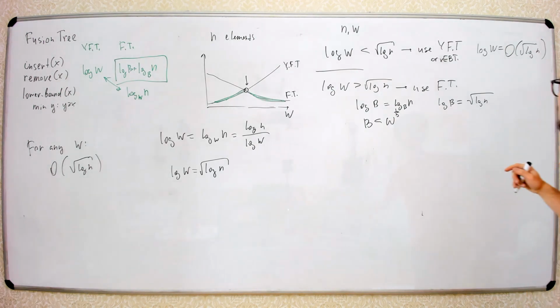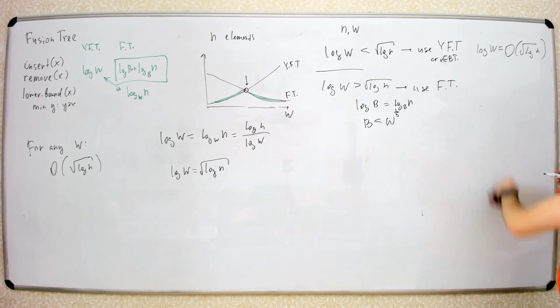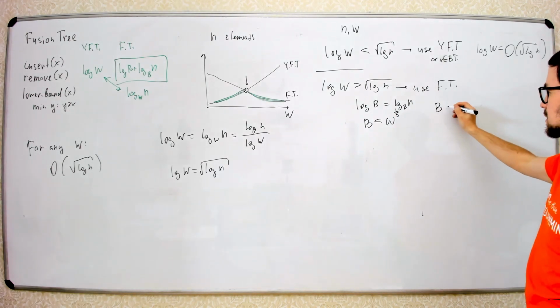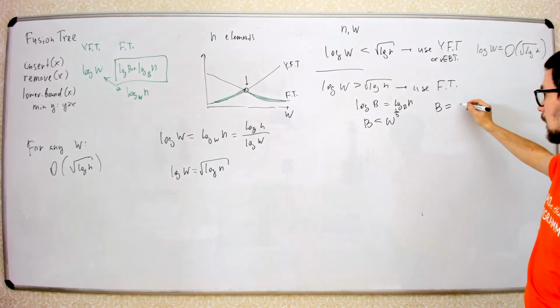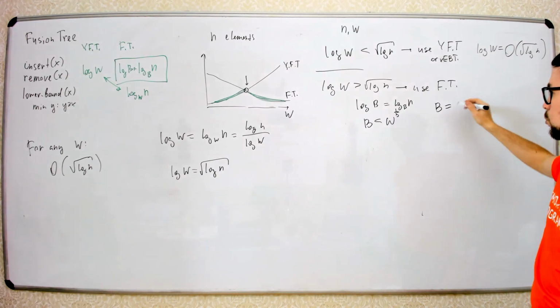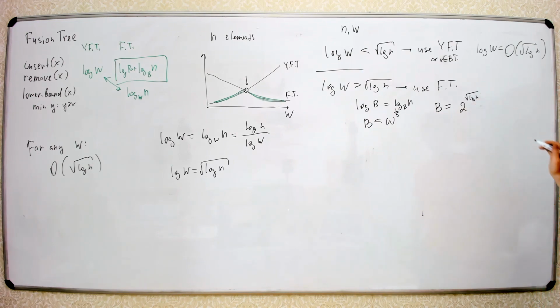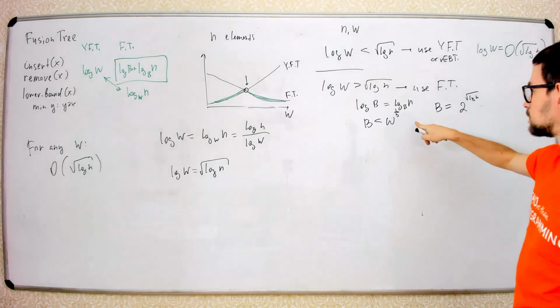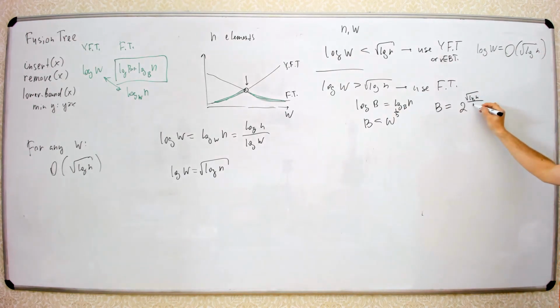So I want to make B 2 to the power square root of log n. Let's make it like this.